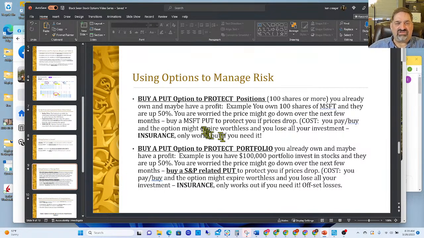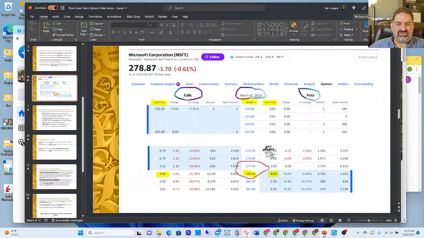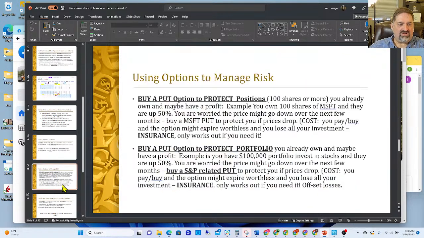So one of the things you could do is buy a put option, which is the right to sell, and that's the example that we used just a minute ago. I buy that put option for $275, so if Microsoft crashes, I could sell it for $275. But I had to pay $2.20 for it, right?